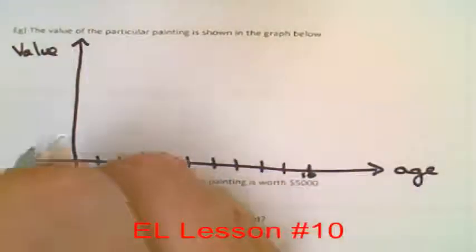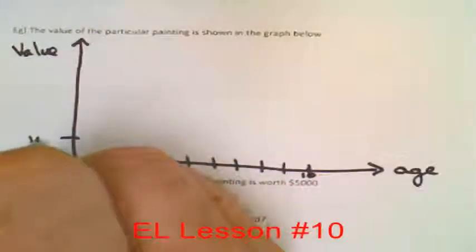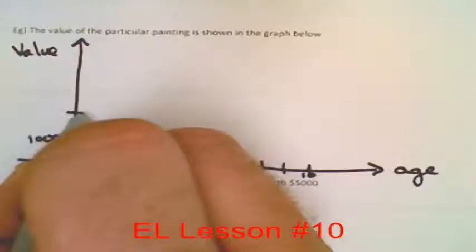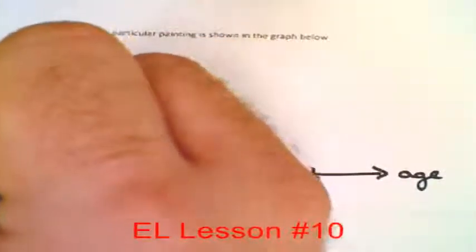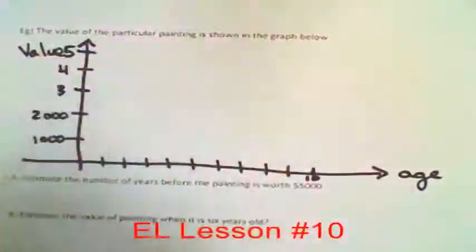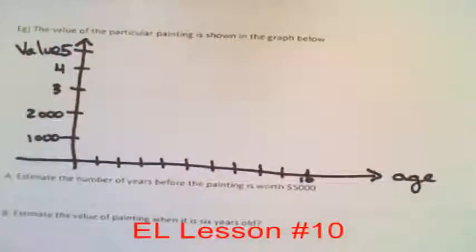For this painting, I need to pick a value. I'm going to say $1,000, then $2,000, then 3, 4 and 5, and so on. I'm just going to put the 4 and the 3 for the thousands.